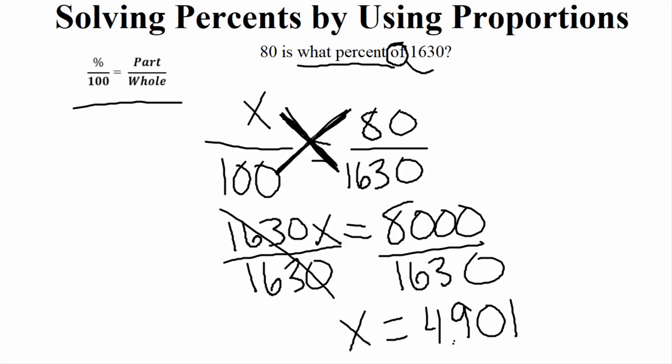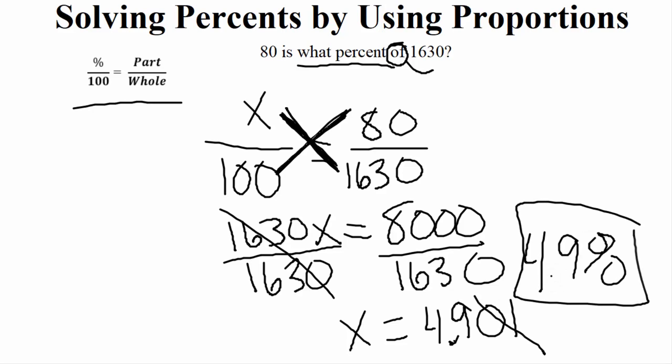Now, depending on your book or your instructor, typically we would round our percent off. It depends, to either 1 or 2 decimal places here. I would go ahead and cut off these last 2 decimal places, giving me 4.9% here.